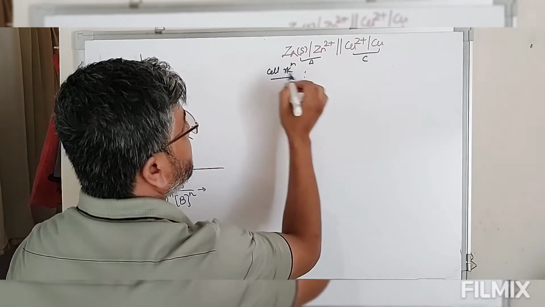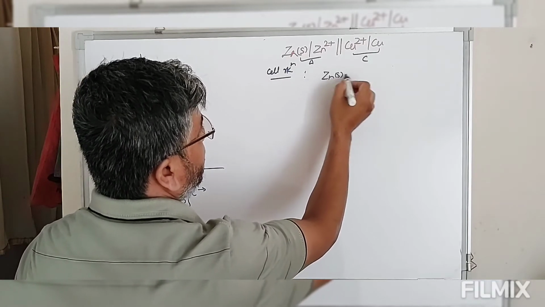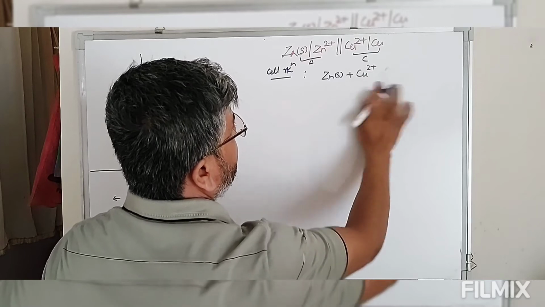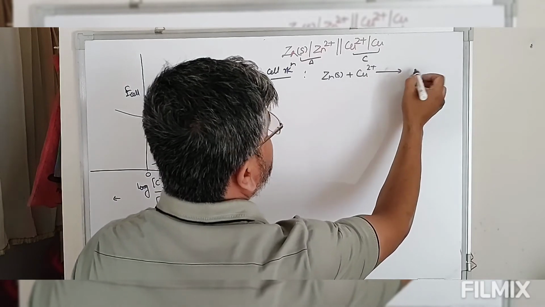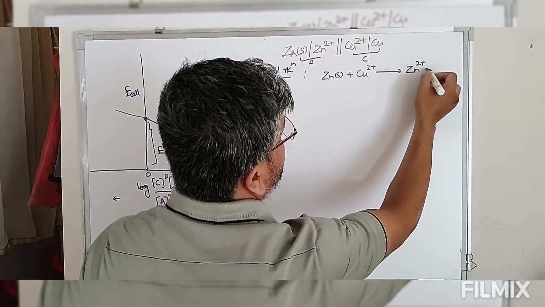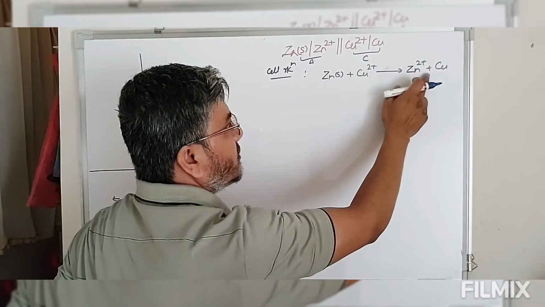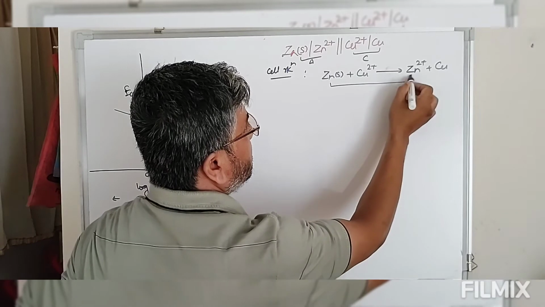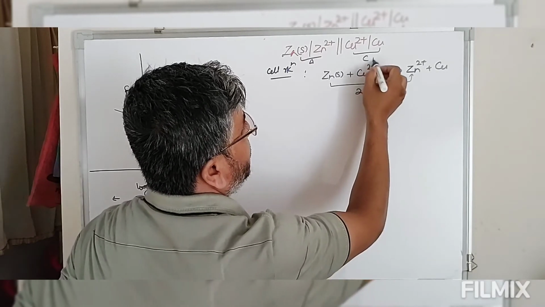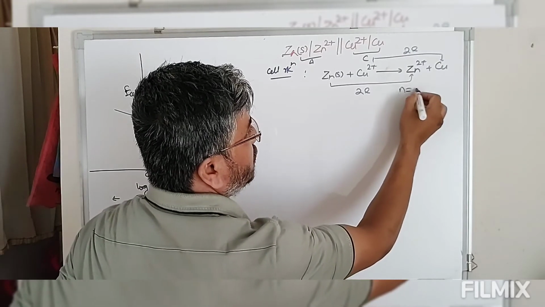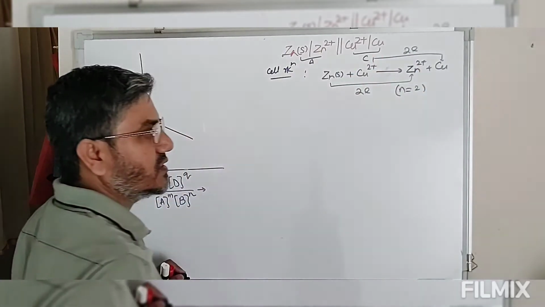So the cell reaction is zinc solid plus copper 2 plus, giving you zinc 2 plus plus copper. Moving from zinc to zinc 2 plus, we have 2 moles of electrons, and copper 2 plus to copper, again 2 moles of electrons. Therefore the number of moles of electrons involved in this redox reaction is 2.